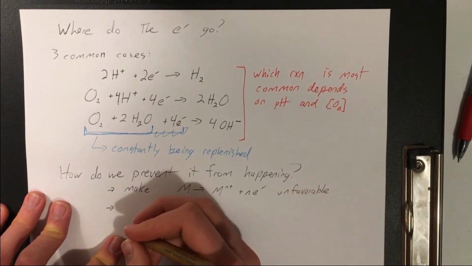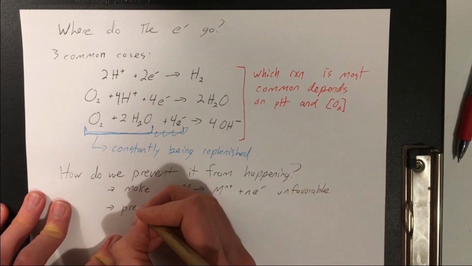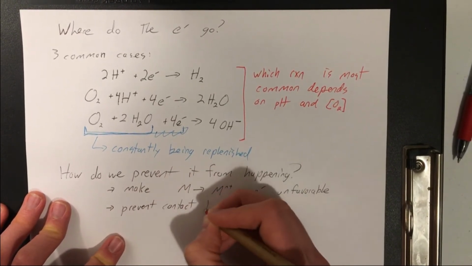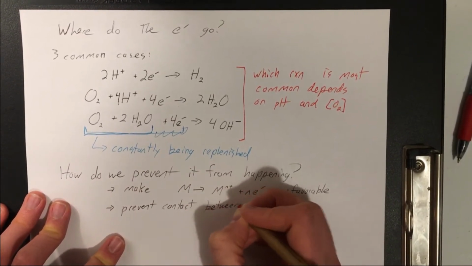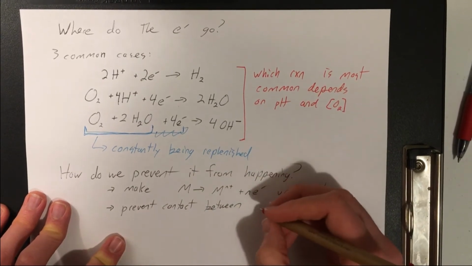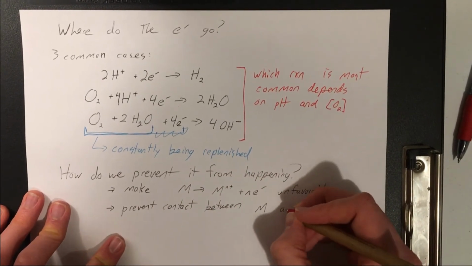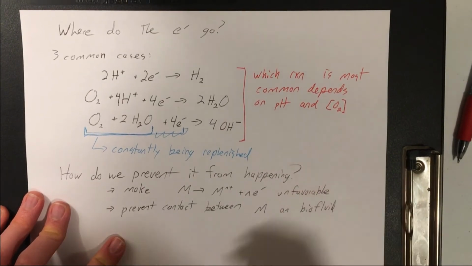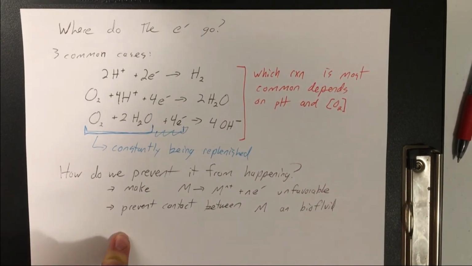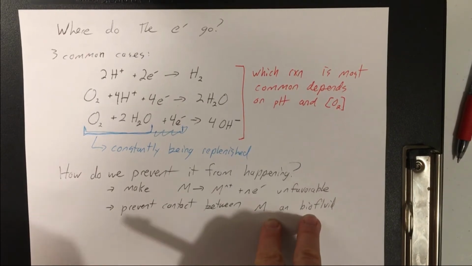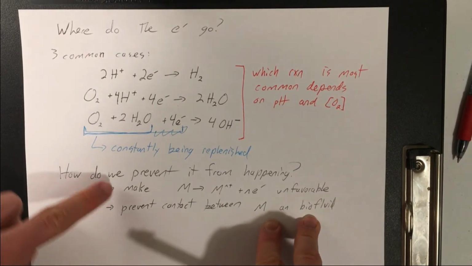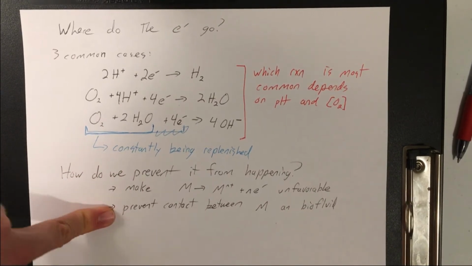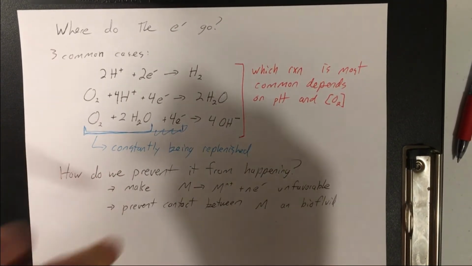And the other choice is we can prevent contact between the metal and the biofluid. So let's talk about the first strategy first, and then we'll talk about the second strategy as a follow-up.